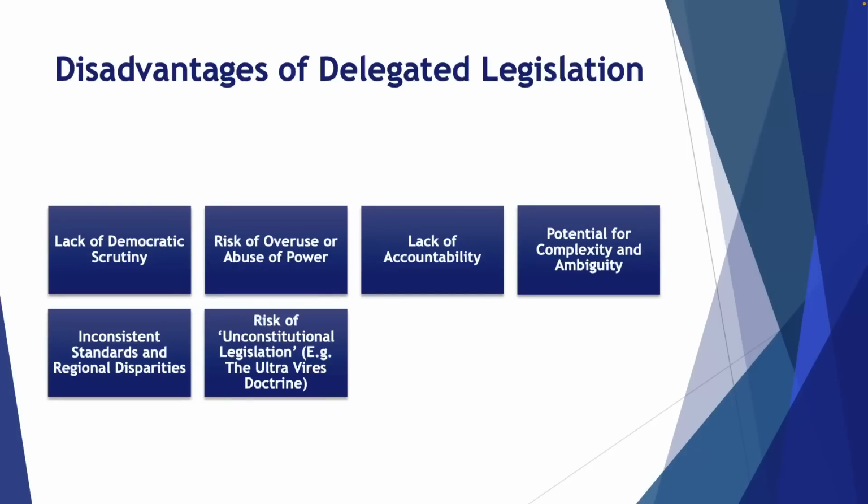Another example is, of course, something that we've spoken about, so I'm not going to spend too much time on it: the risk of unconstitutional legislation, the risk of going ultra vires, going beyond one's powers, and causing this delegated legislation to become invalidated.